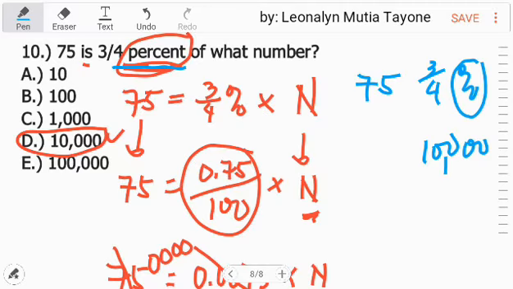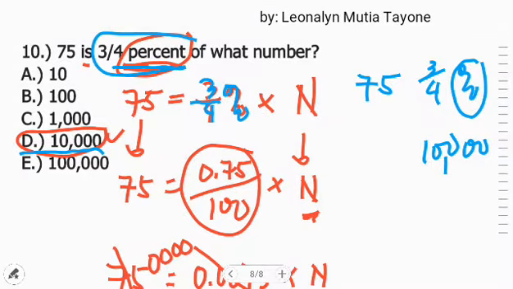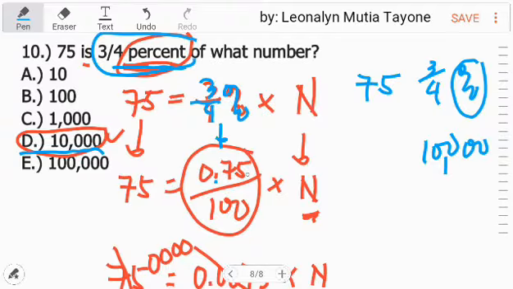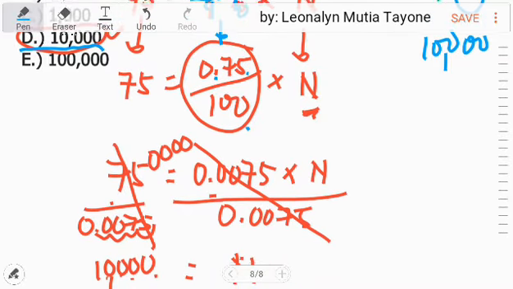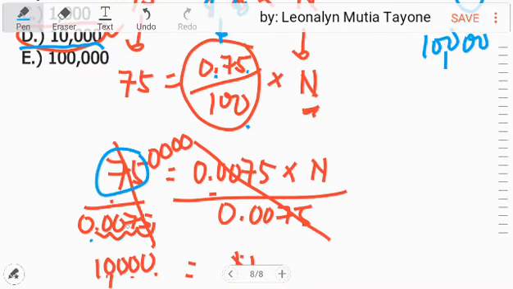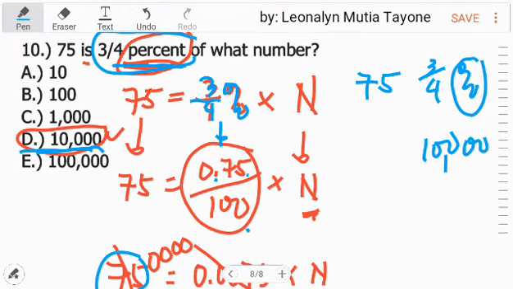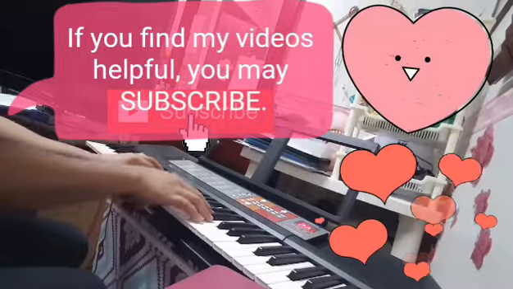Ang 3/4%, naging 0.75 over 100 kasi ang percent means per 100. So, 0.75, yan yung 3/4. 0.75 divided by 100, that is 0.0075. So, kung i-divide mo si 75 divided by 0.0075, the answer here is 10,000. So, letter D.